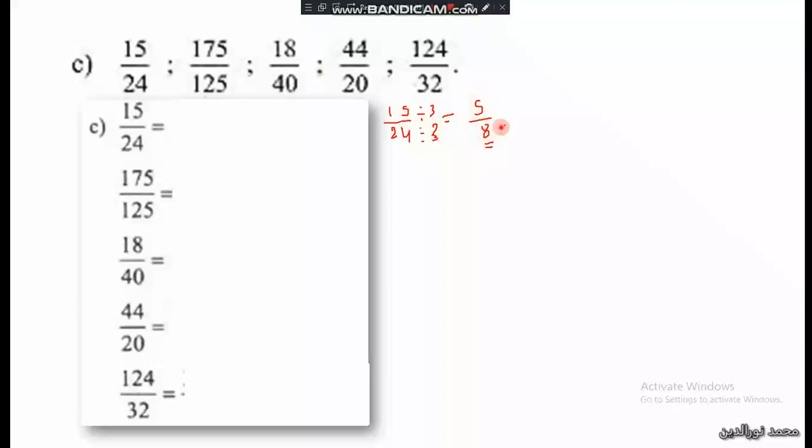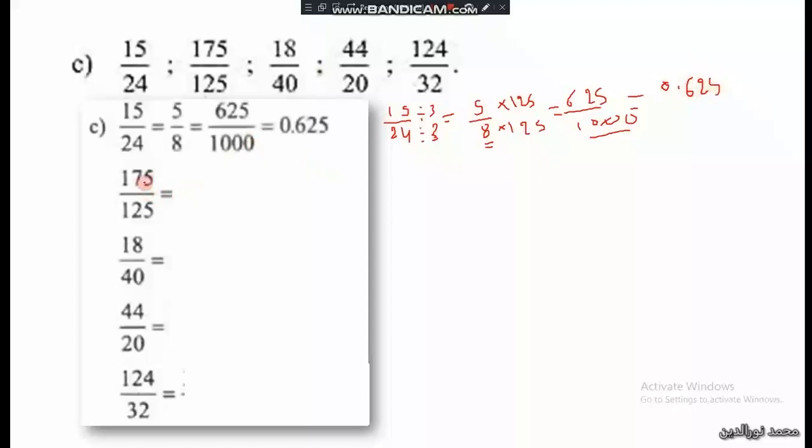And now we know that we multiply 8 by 125 to get 1000, and then we have over 1000, and 5 times 125 is 625. 3 zeros, 3 decimal digits, so it's 0.625.